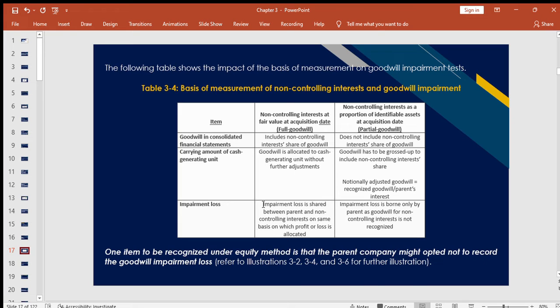While on our partial goodwill, impairment loss is borne only by the parent, as goodwill for non-controlling interest is not recognized. One item to be recognized under equity method is that the parent company might opt not to record the goodwill impairment loss. So you may refer to illustrations 3-2, 3-4, and 3-6 in our book.